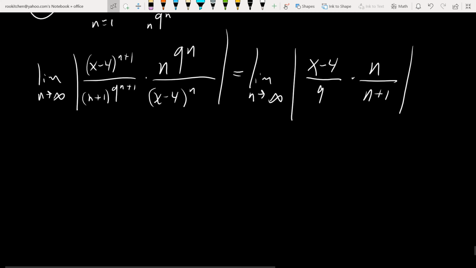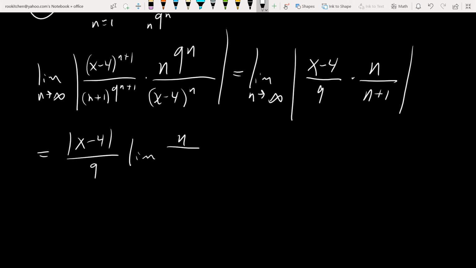We can factor any factors not dependent on n out of the limit, and we have to keep the absolute value attached to it. So absolute value x minus 4, we could also factor out the absolute value of 1/9, which is 1/9. Okay, so you don't need the absolute value on the 9. And then we have the limit of n all over n plus 1.